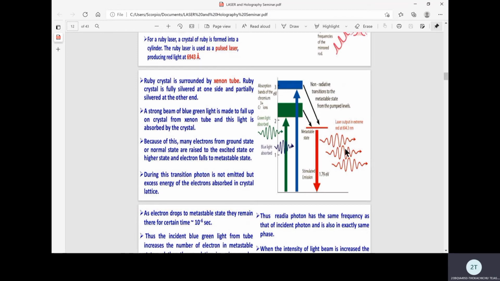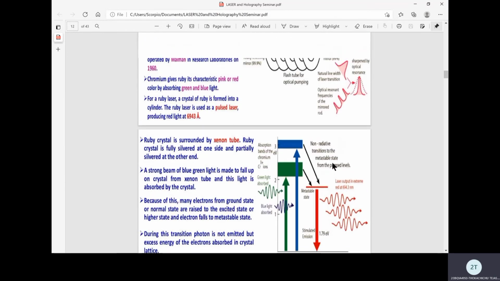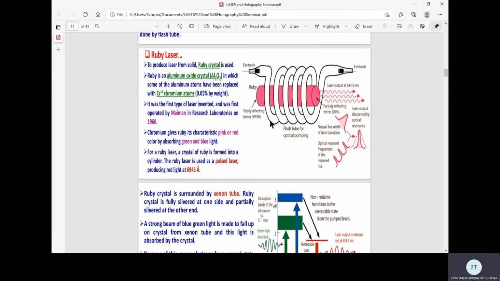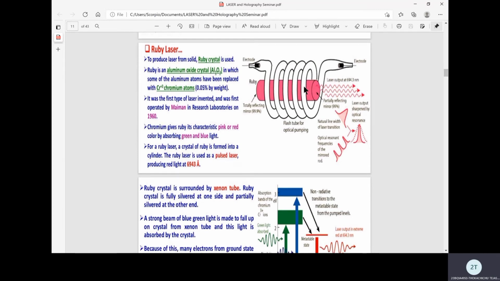Two photons will be released each time, and these two coherent photons get multiple reflections between the fully reflecting mirror and the partially reflecting mirror which we have coated around this ruby laser tube, and on further reflections, their intensity gets increased very highly.